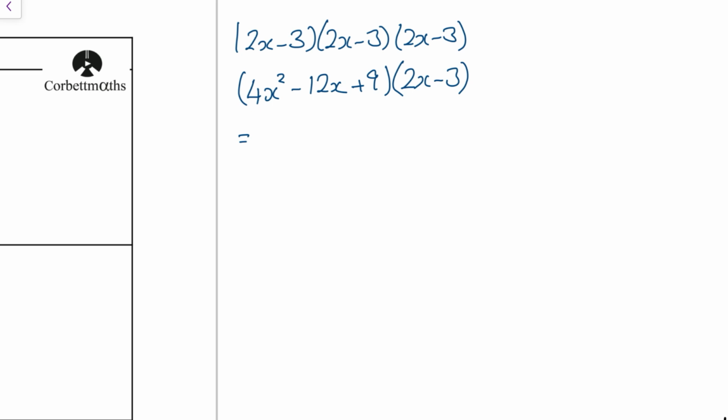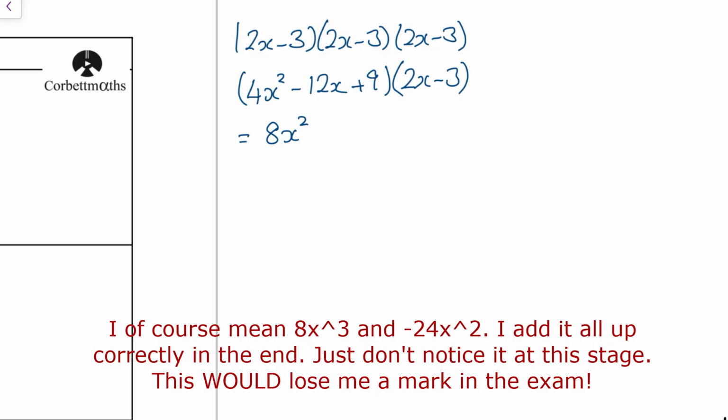So 4x squared times 2x is 8x cubed. 2x times minus 12x is minus 24x squared. And 2x times 9 is plus 18x. Then I'm going to multiply everything by minus 3. So minus 3 times 4x squared is minus 12x squared. Minus 3 times minus 12 is plus 36x. And minus 3 times 9 is minus 27.